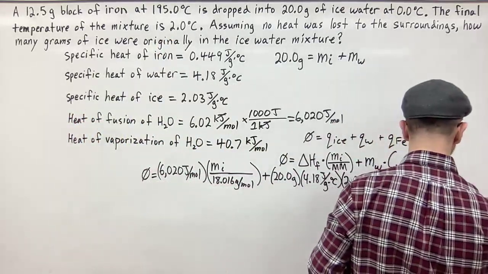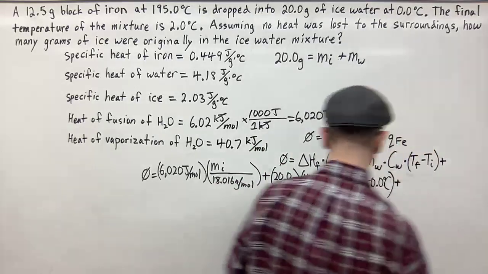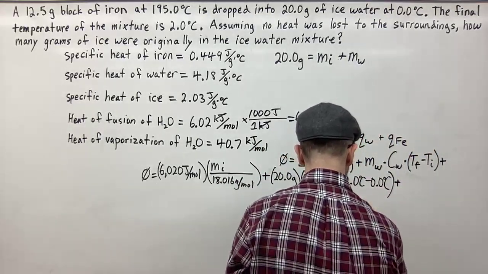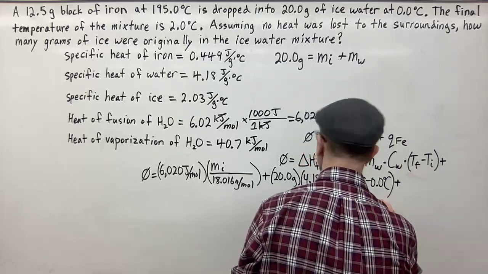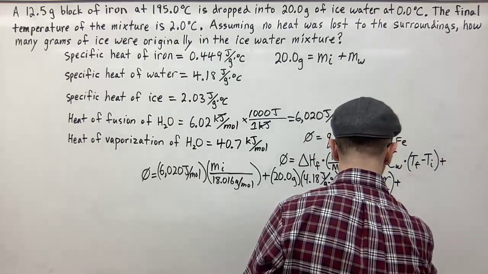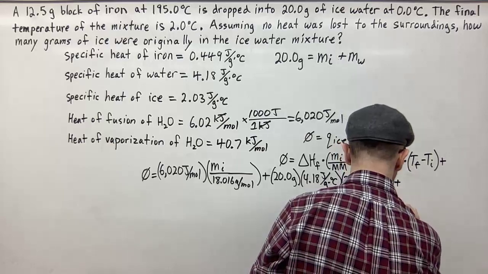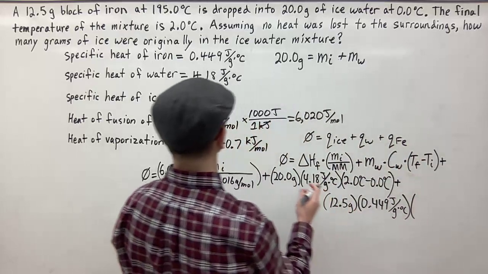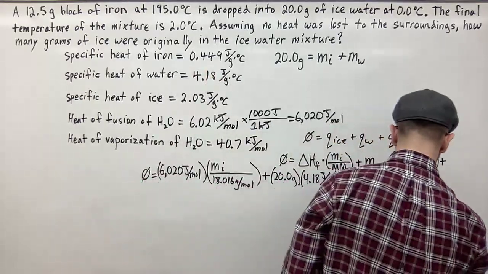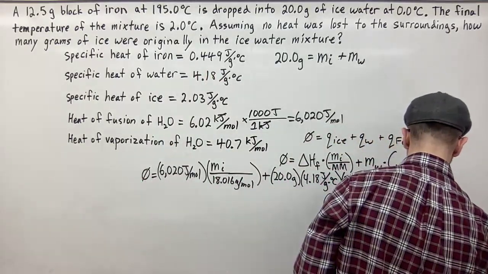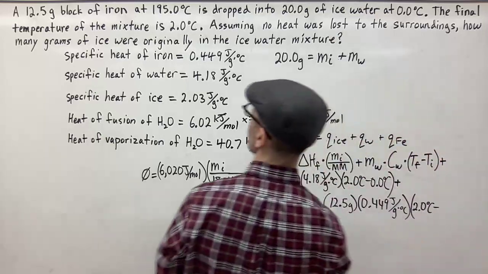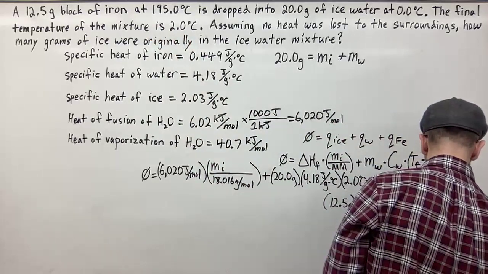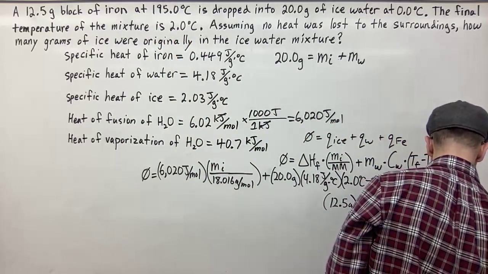And again, let me bring this down here. So it's going to be 12.5 grams multiplied by 0.449 joules per gram degrees Celsius, multiplied by the temperature change, final minus initial. Final is 2.0 degrees Celsius, the initial was 195.0 degrees Celsius.